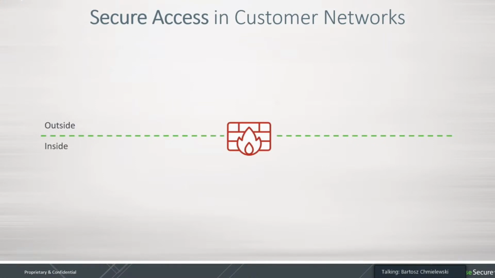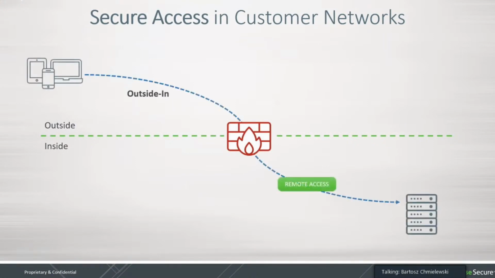So just to define the use cases, because normally each customer has something called premises, right? This is the wall, the border, or the fortress wall between the outside and inside world. And we are carrying the traffic that passes through this border, going from inside to outside or from outside to inside.